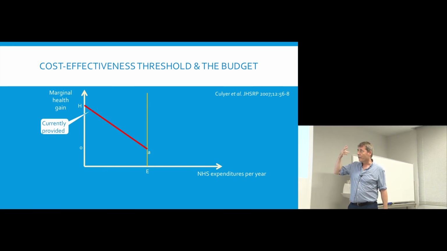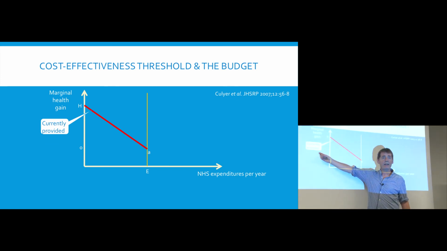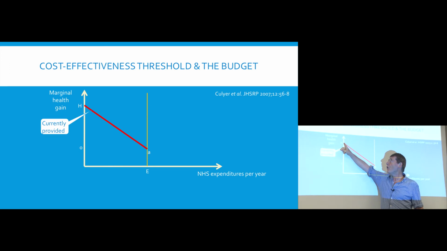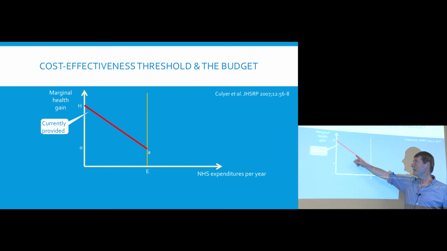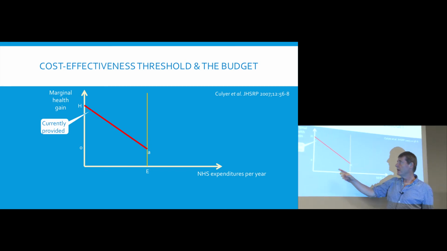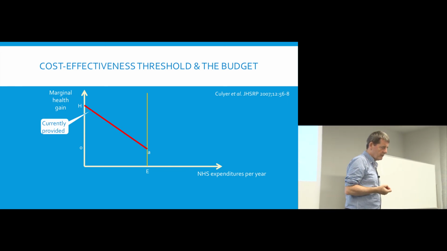Now, as a sort of thought experiment, you could take everything we're currently providing and order these activities, starting with those that give you the most health gain. And then less health gain, and so on. So the marginal health gain an activity gives us.